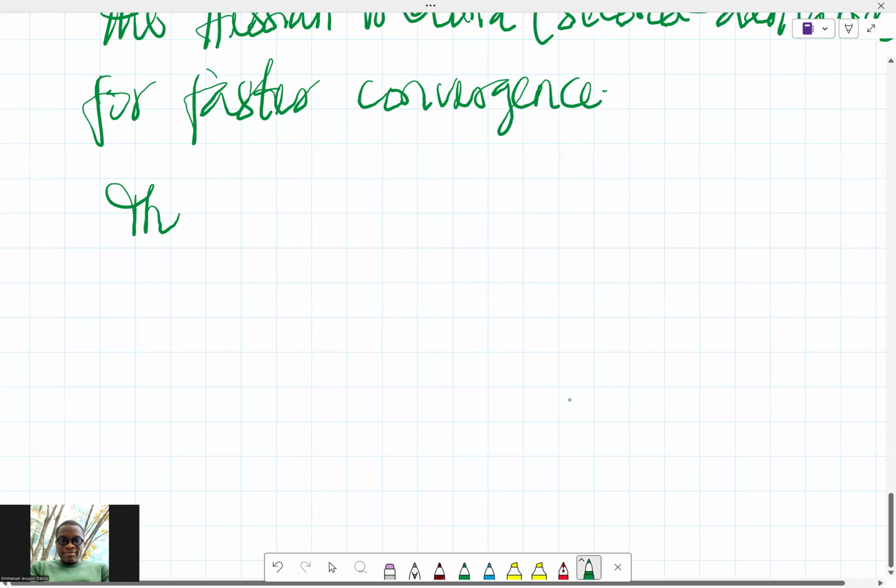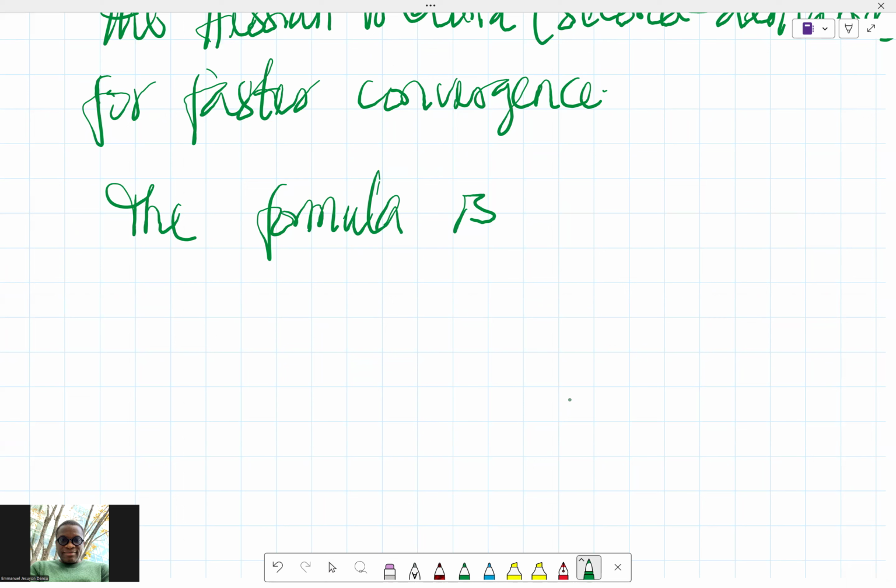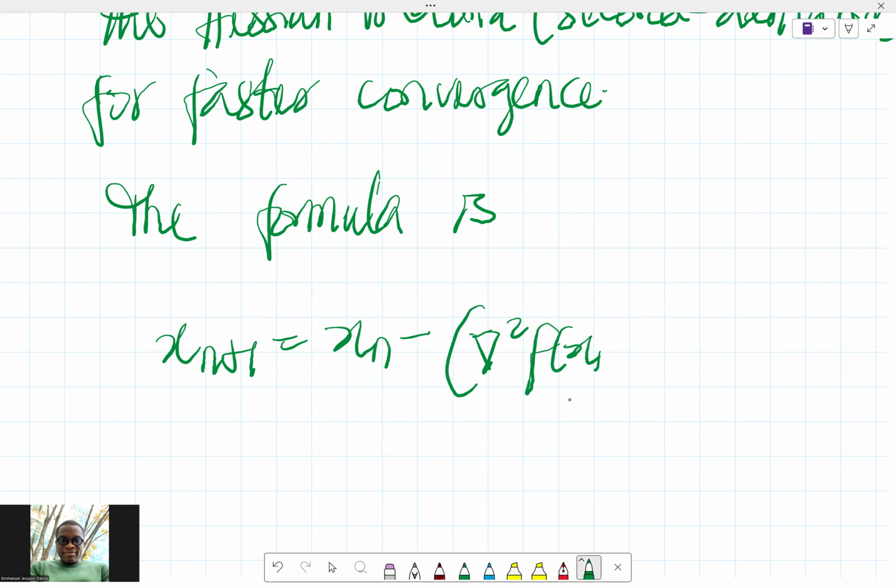So the formula is usually iterative. You have x_{n+1} is equal to the state before it minus the second derivative, that's nabla squared f of x_n, inverse, multiplied by nabla f of x_n.